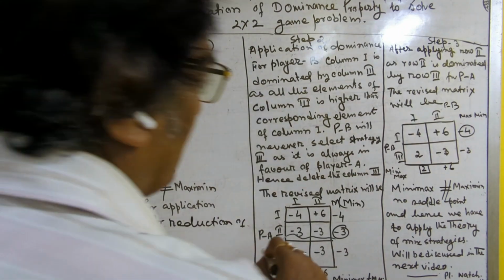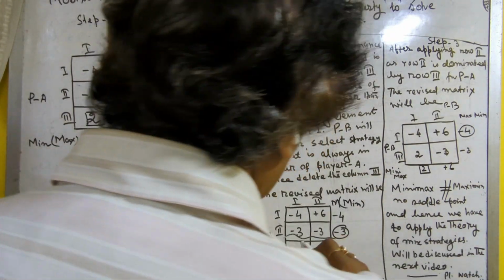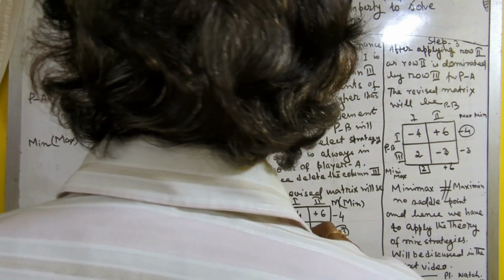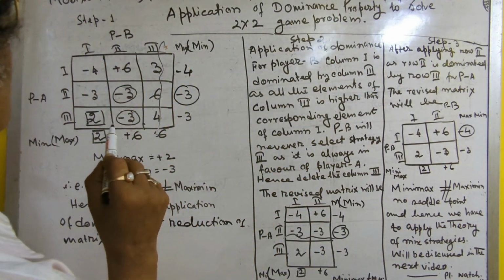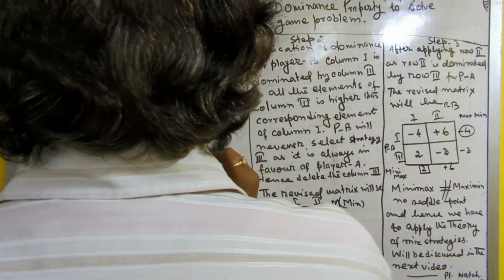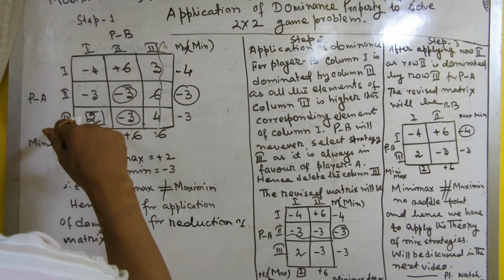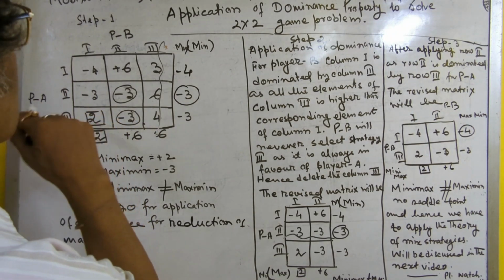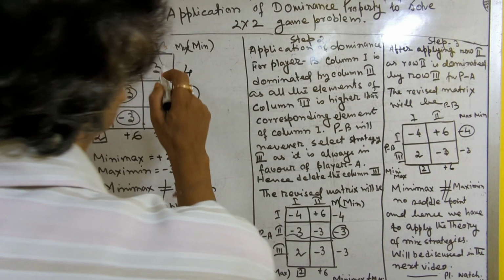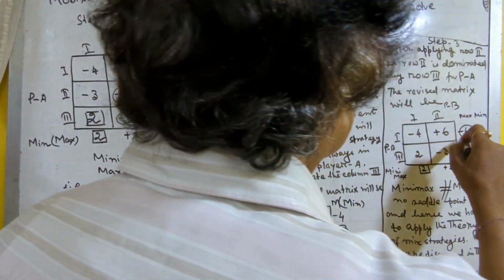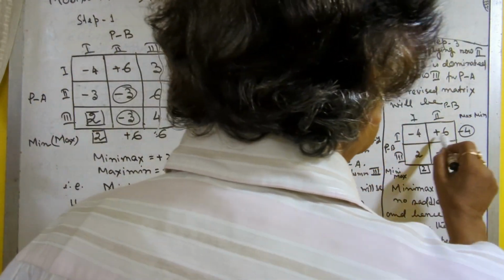In the case of player A, we say the dominated strategy is deleted. But in the case of player B, we will say the dominating strategy is deleted, and the dominated one is kept. So in this case, strategy 2 will be deleted and the revised matrix will be like this: -4, +6, -3.